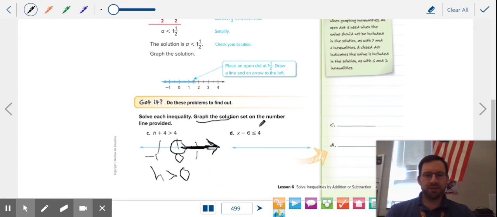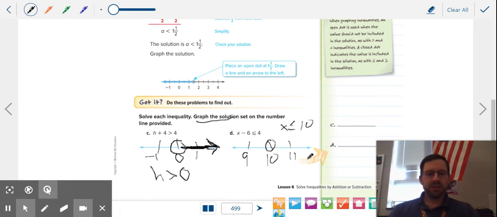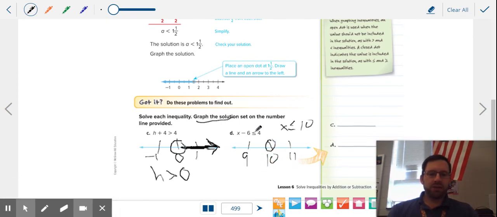Over here, we're going to add 6. 6 plus 4 is 10. X is less than or equal to 10. So same deal here. I'm going to put a 10 in the middle. 11 on the right. 9 on the left. Now this time, when I go to do this, this is less than or equal to. Since it equals the number, I have to fill it in. Normally when you graph dots on a number line, this is terrible to do with a mouse, you put a solid dot.